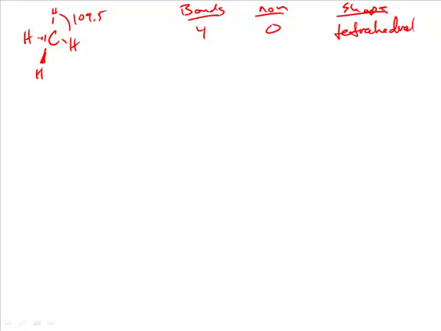Now let's have again a total of 4, just like in the previous one. The previous one we had a total of 3. In the first example it was 3 bonds and no non-bonding pairs. In the second example it was 2 bonds and 1 non-bonding pair. So basically we want to do the same thing here. We want to have 3 bonds and 1 non-bonding pair.